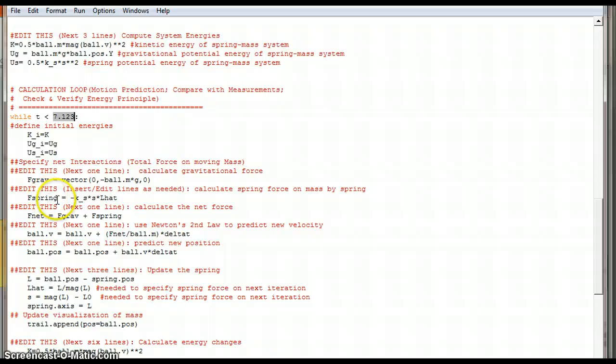The force due to the spring is equal to stiffness constant k times s, which is the difference of the stretch length minus relaxed length, or compressed length minus stretch length, times L hat, which is the direction, and the force due to gravity is equal to mg. The negative sign shows that it moves in the opposite direction, downward, and these are Newton's second law of motion and the position vector.